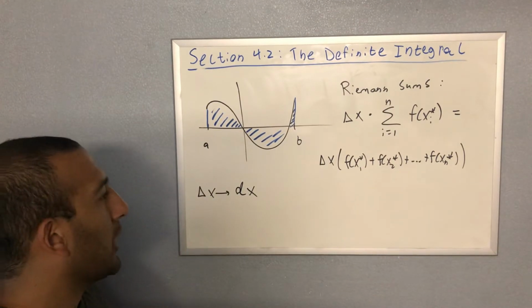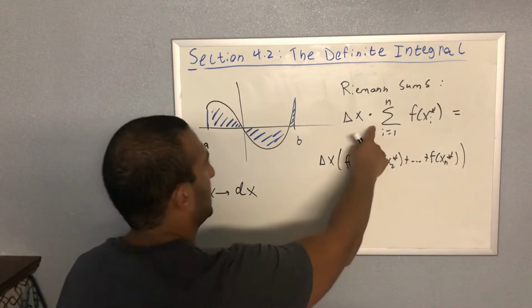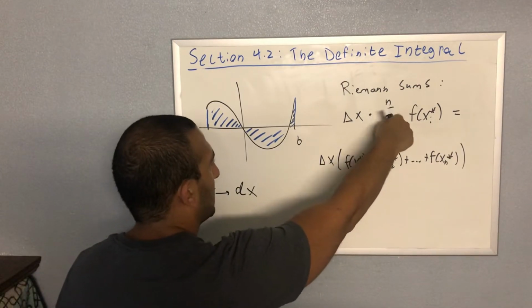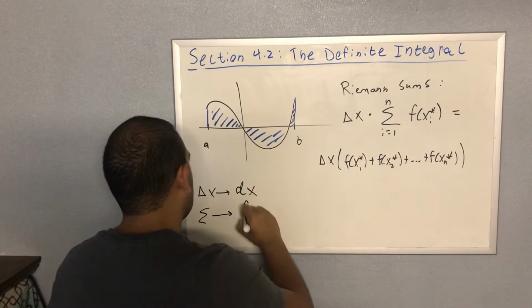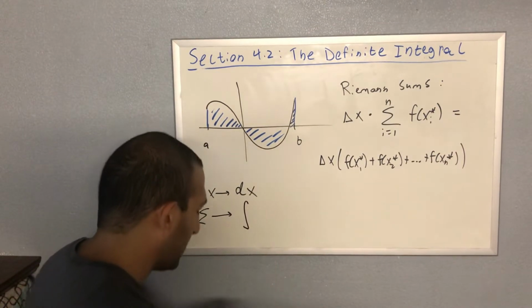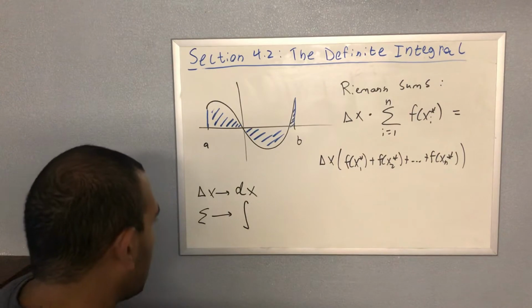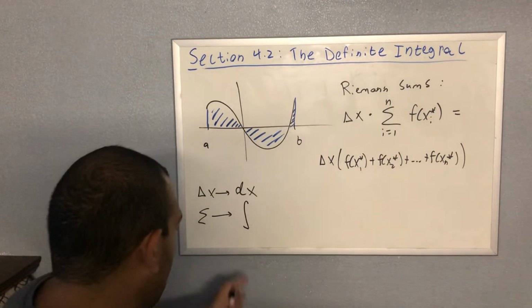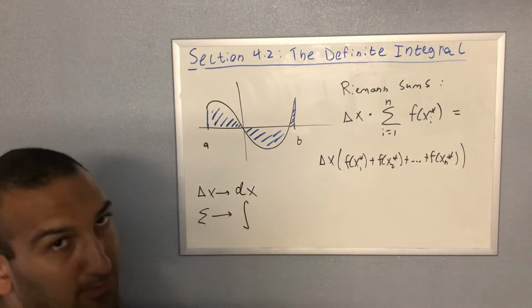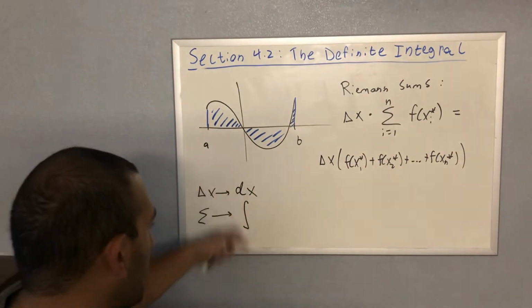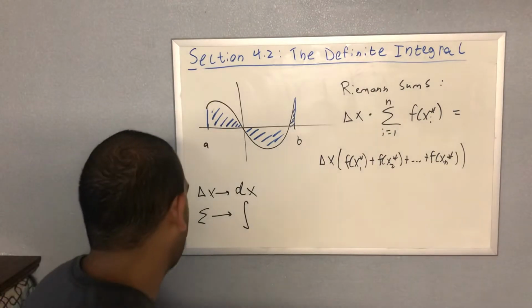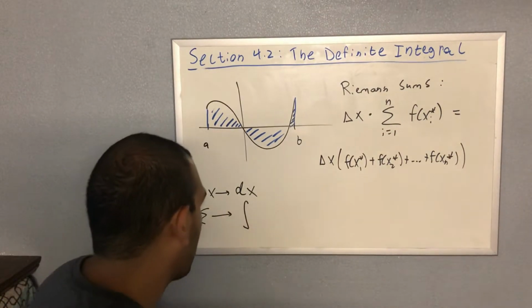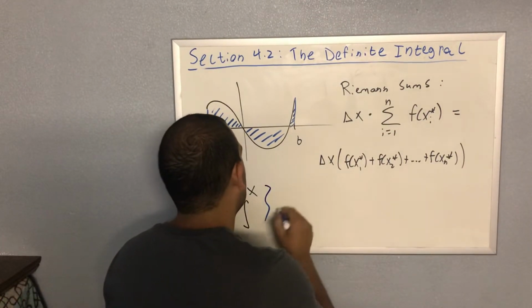And we also replaced this sigma, the Greek letter sigma right here, with this elongated S symbol, which is just called the integral sign. The S stands for sum. It's supposed to represent the idea that you are doing a sum. So these two changes overall gave us a new notation.